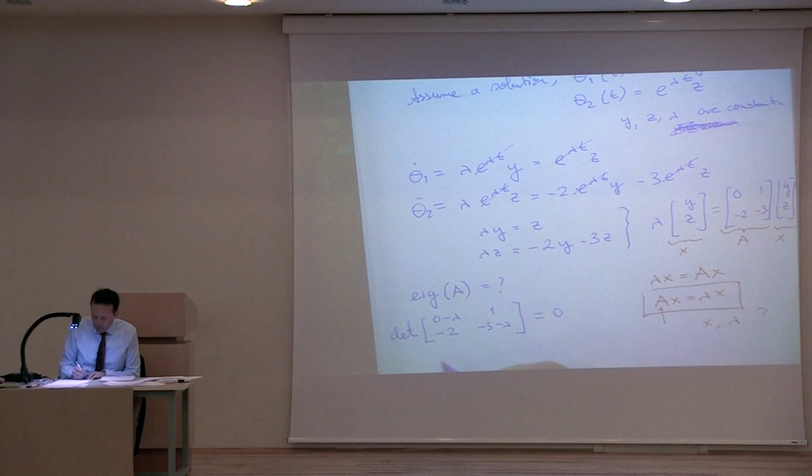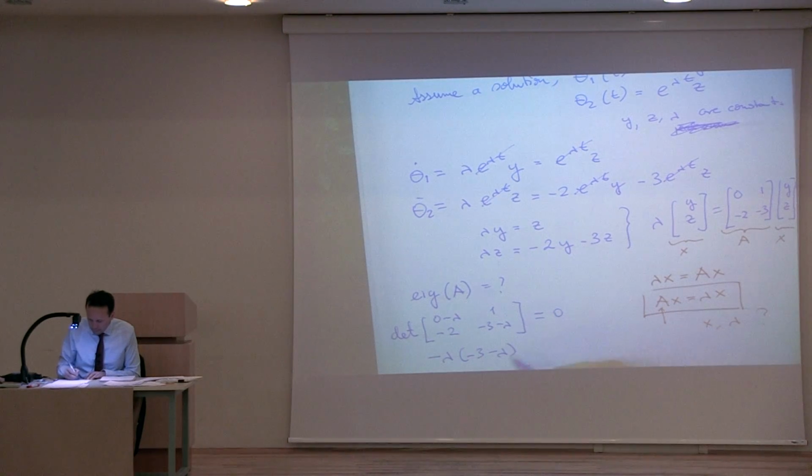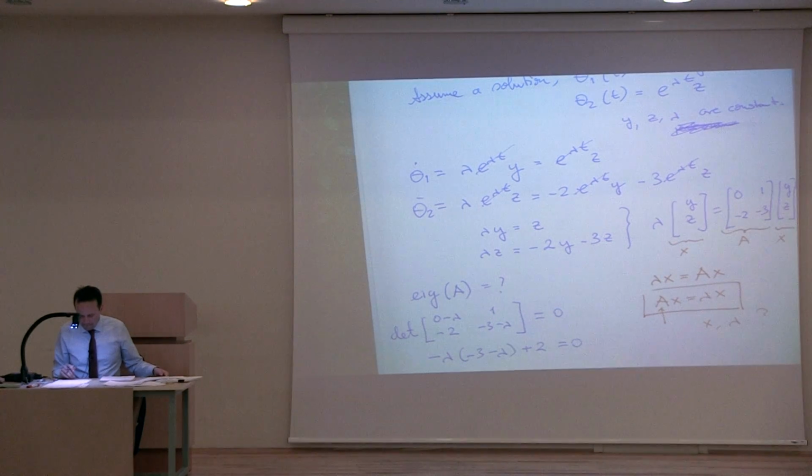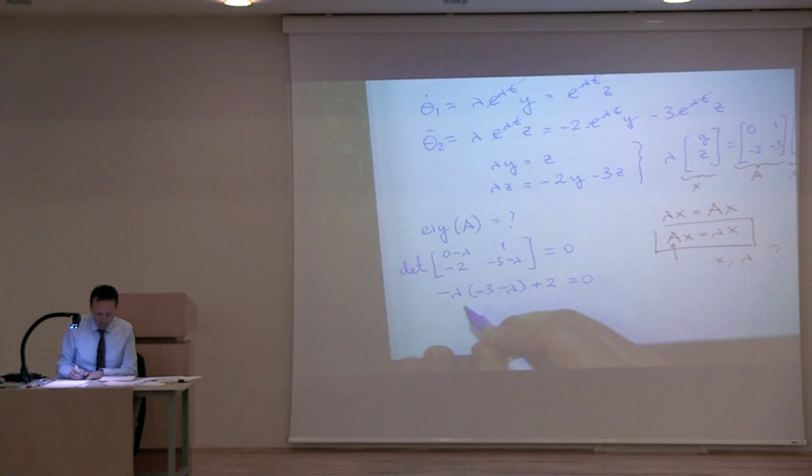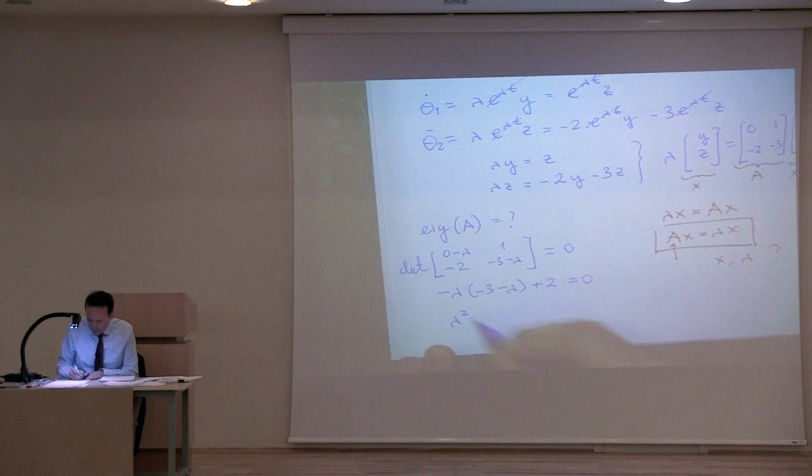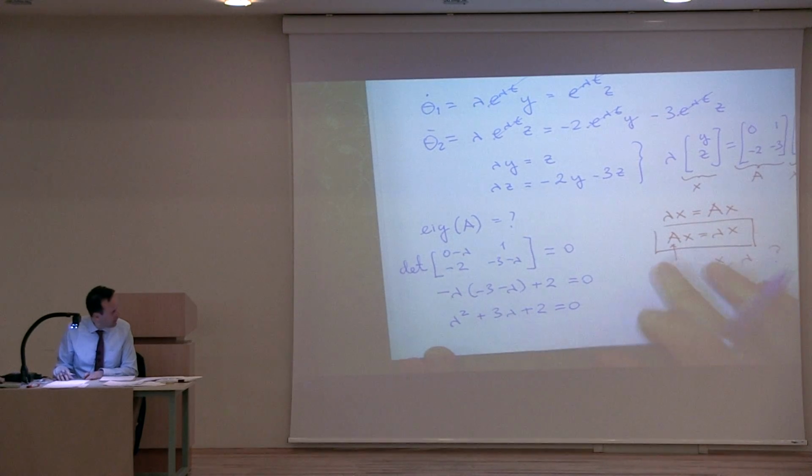So it will be minus lambda times minus 3 minus lambda plus 2 is equal to 0. You will have lambda square plus 3 lambda plus 2 is equal to 0.